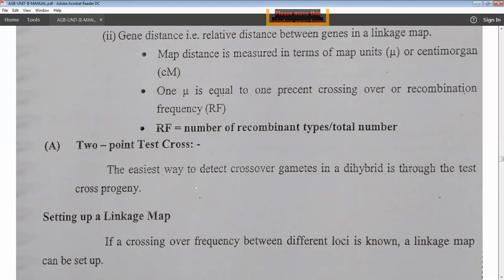It is a deviation from the Mendelian dihybrid cross.